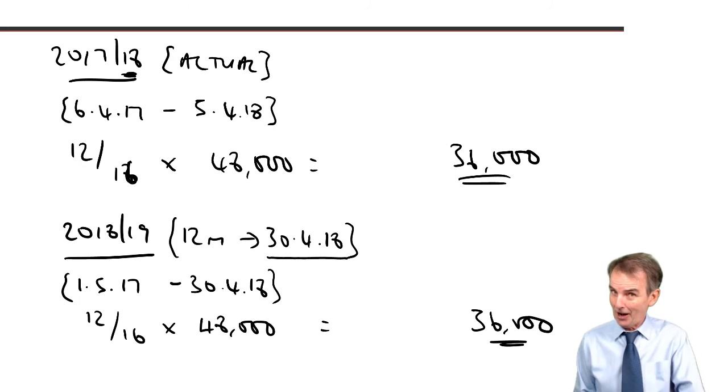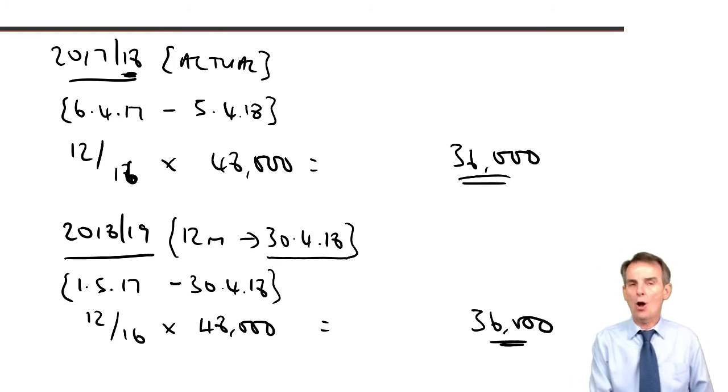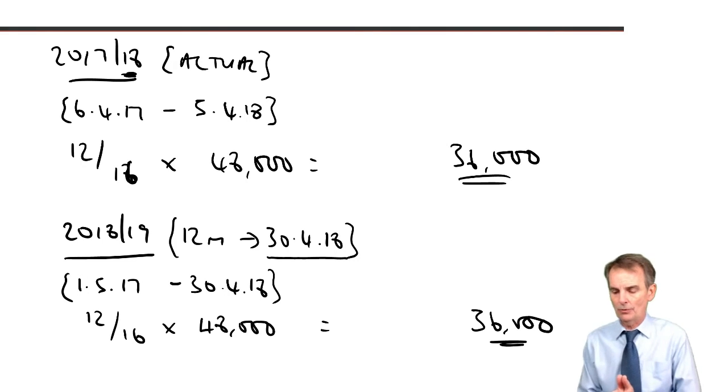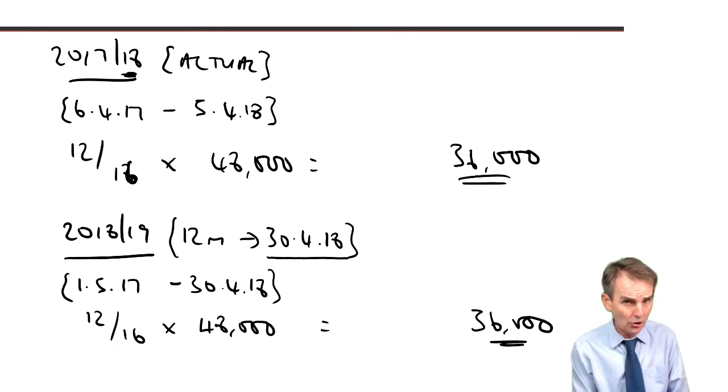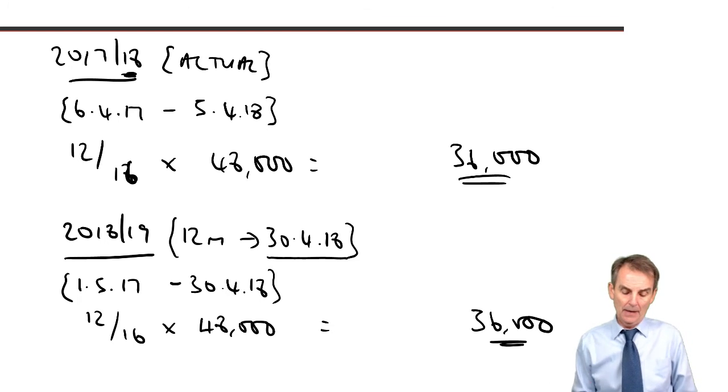That would imply, and I need you now to go and calculate what the overlap profit will be. Again, in our previous example, we saw that if you chose 31st of March as your accounting date, there would be no overlap profit. If you choose 30th of April, there's going to be a lot of overlap profit.